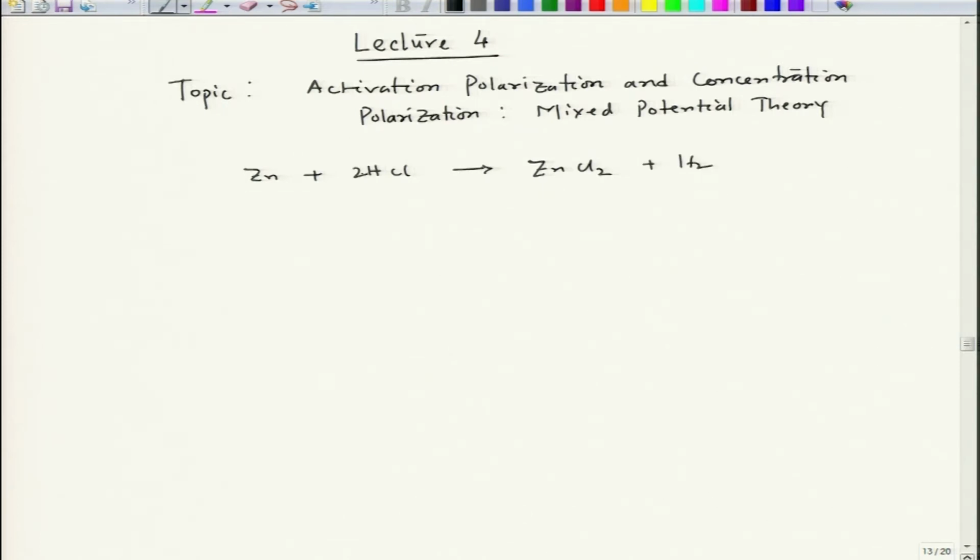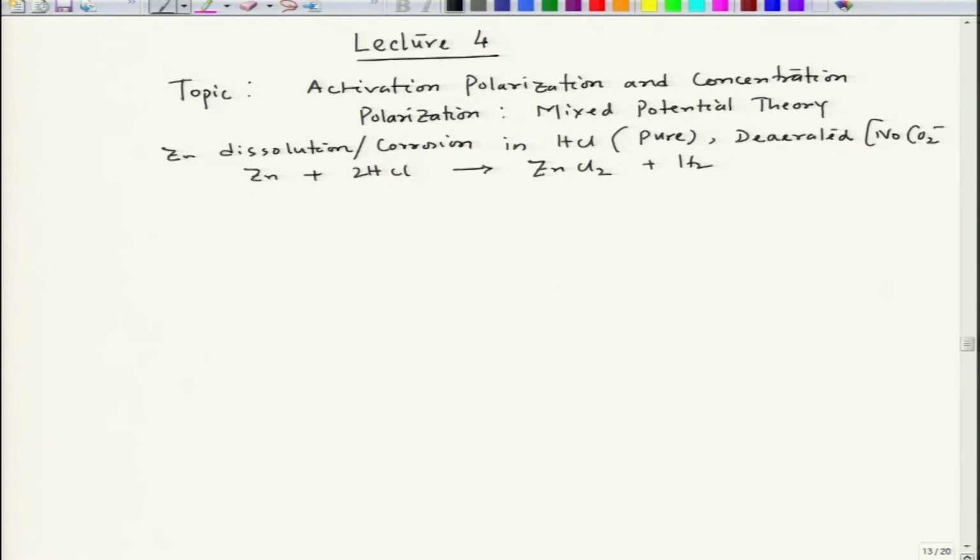So, this is the overall reaction, and we are trying to explain zinc dissolution or corrosion in HCl, which is pure and deaerated, meaning no dissolved oxygen.